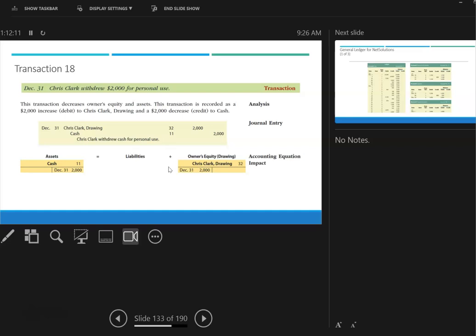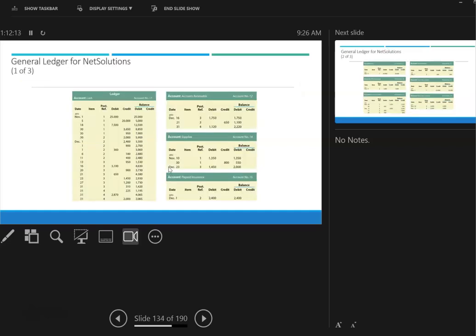After all of these accounts are journalized and posted, do you see here? It shows everything that happened. Do you see our account cash really gets used up a lot?